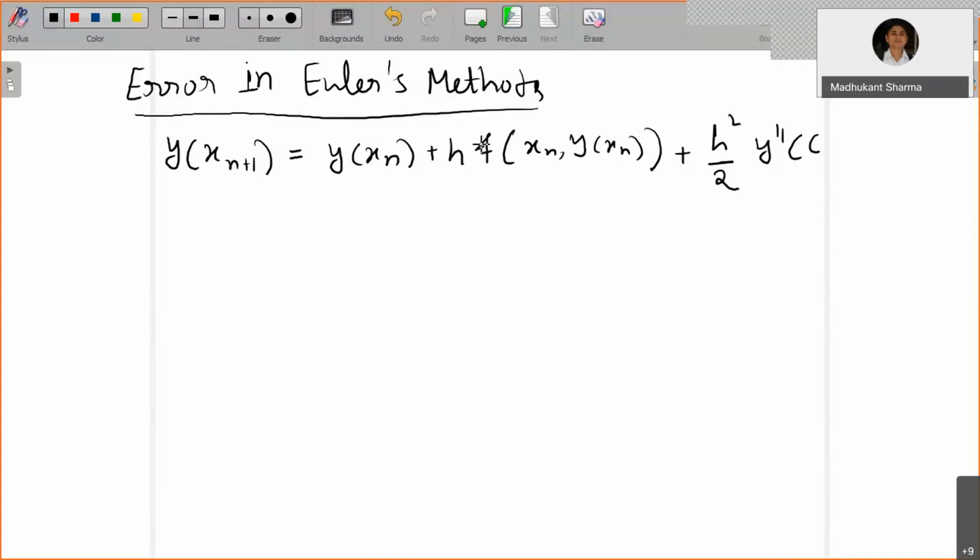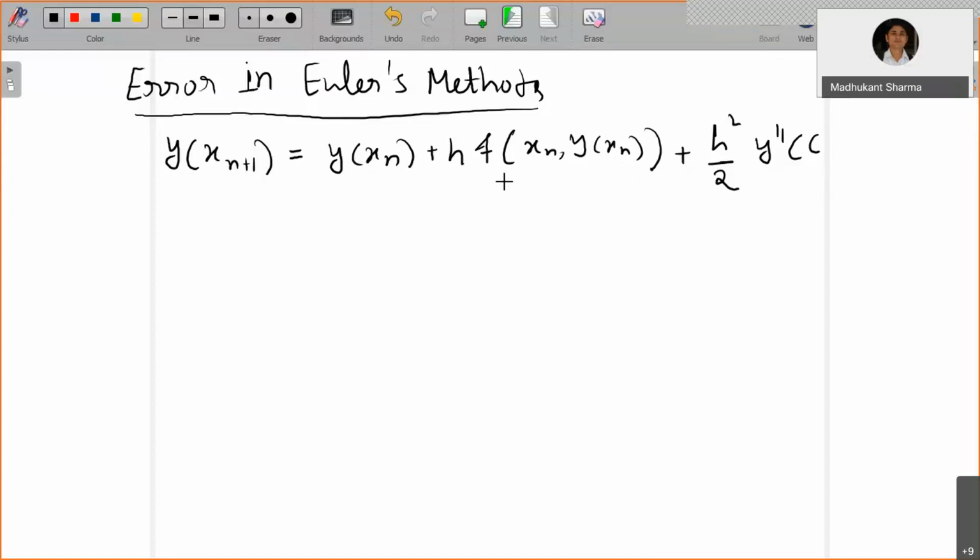Here h is x(n+1) minus xn, because they are equispaced. Here we are writing the Taylor series about the point xn, so you can write x(n+1) as xn plus h and obtain this.